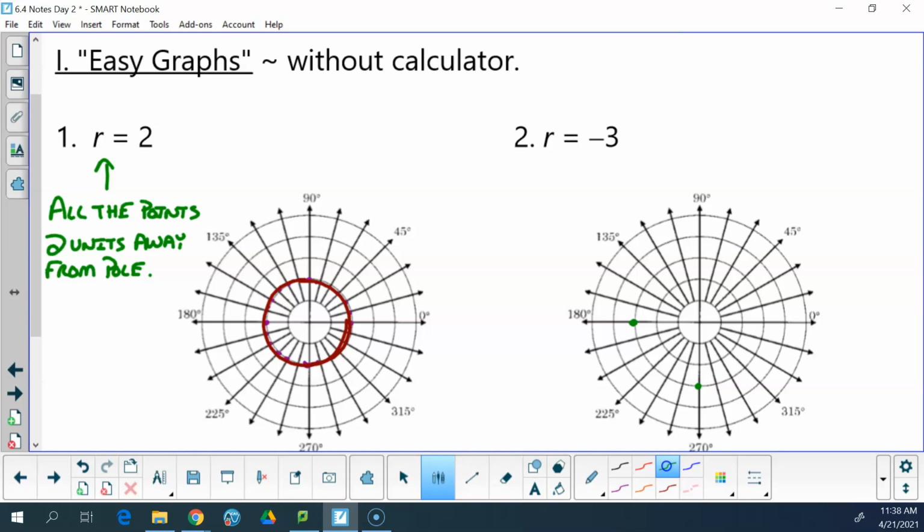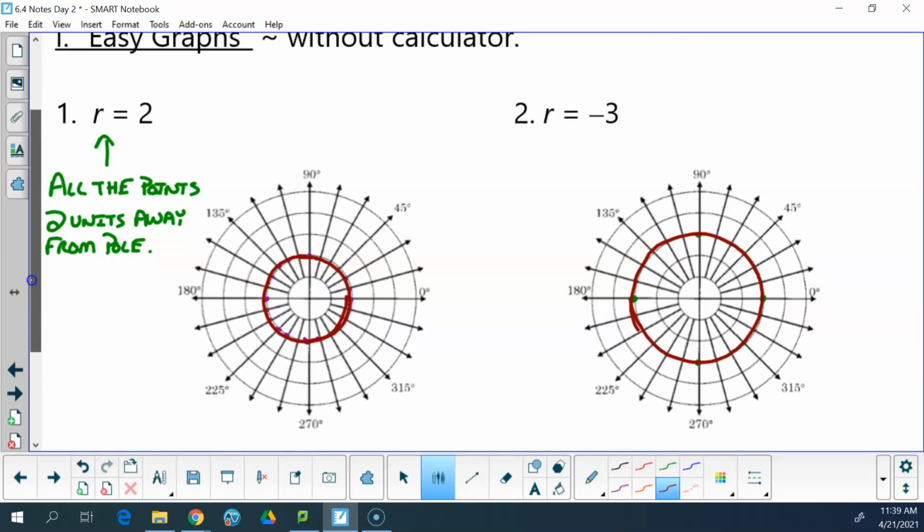At 180 degrees, it's right there. And at 270 degrees, it's right there. So it still is going to produce for us a circle. If we were tracing it, we would start on the opposite side that we would normally start on. Okay?